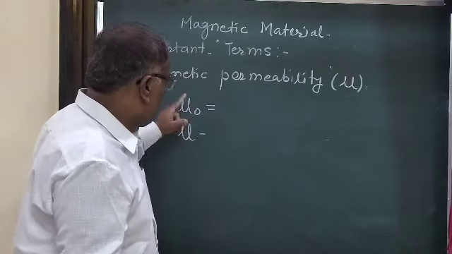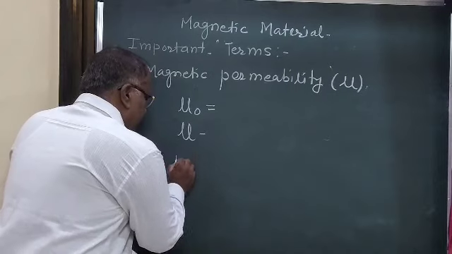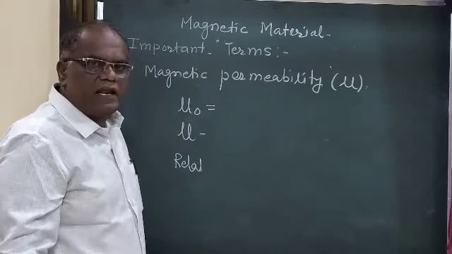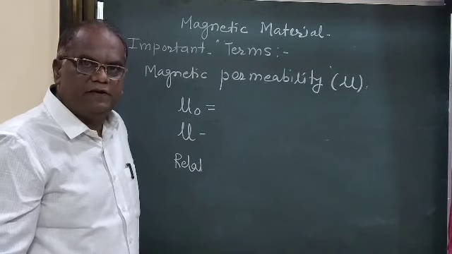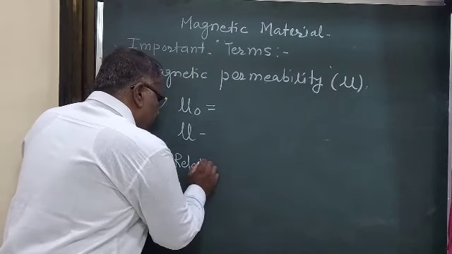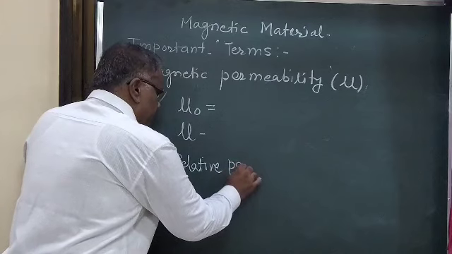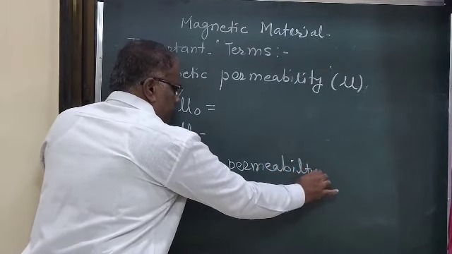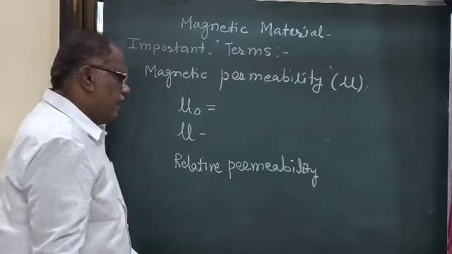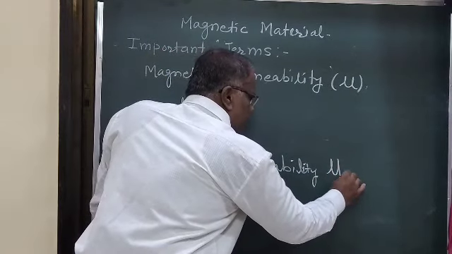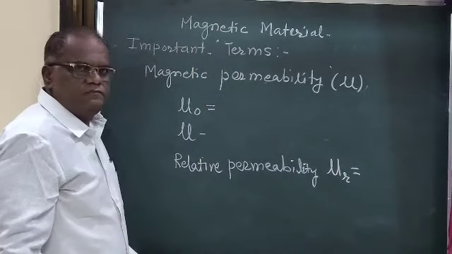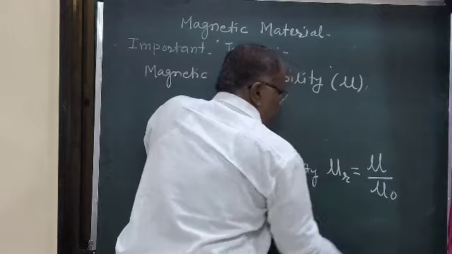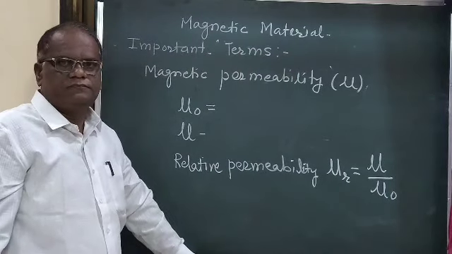Now from these two quantities we can write relative permeability. This magnetic permeability can also be known as absolute permeability. Relative permeability is written as mu suffix r, and it is the ratio of mu upon mu 0.